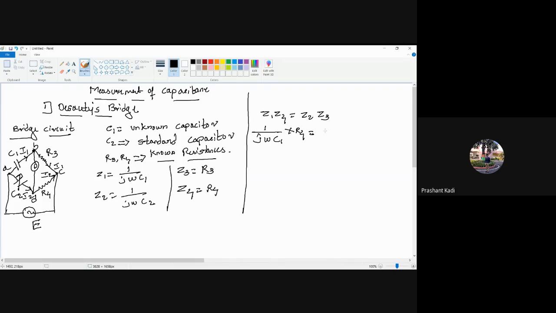That equals Z2, which is 1 by J omega C2, and Z3 is R3. We want C1, right? So this J omega will get cancelled. It's R4 by C1 equals R3 by C2.